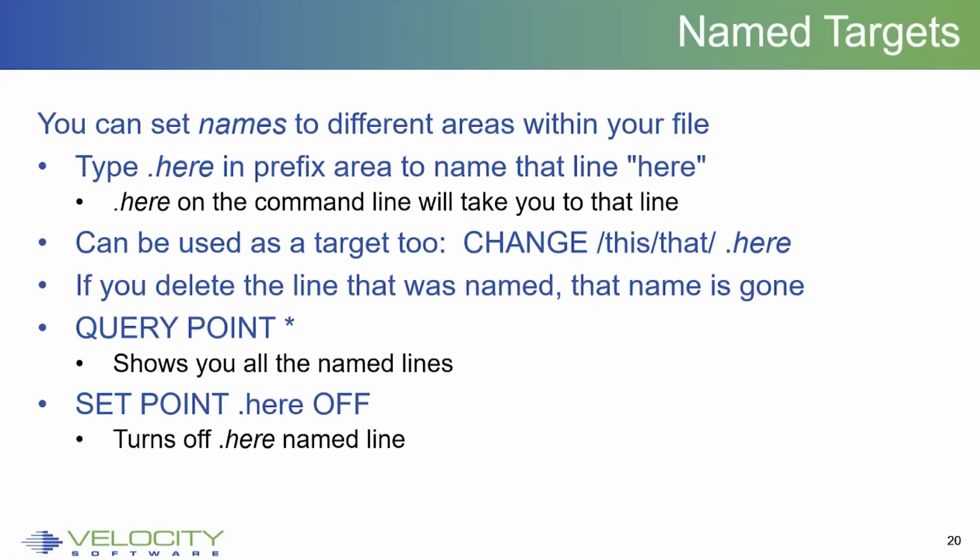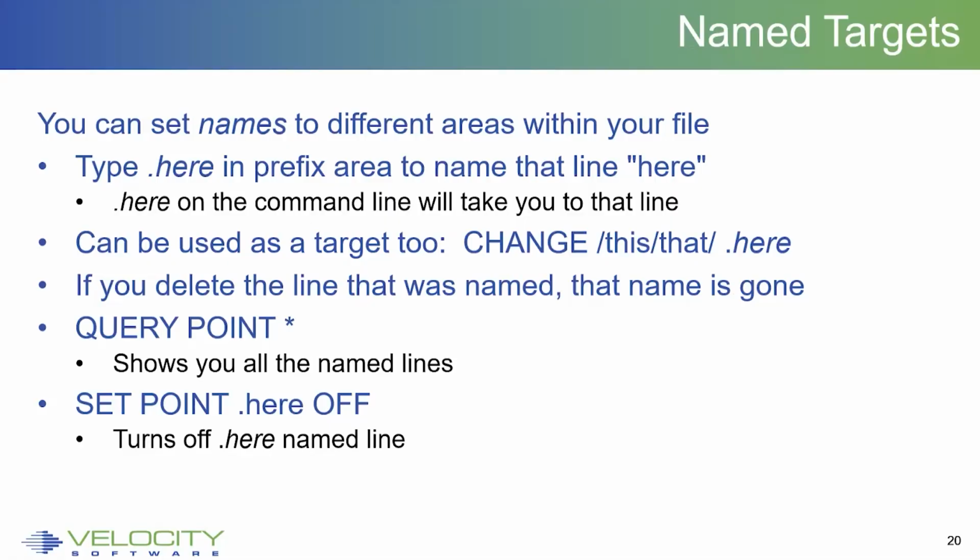And if you type any of the named targets on the command line with the dot, so dot here on the command line, XEDIT will take you directly to that line. You can have as many named targets in your file as you would like. So you can set different points within your file to be able to jump back and forth between different sections really fast.